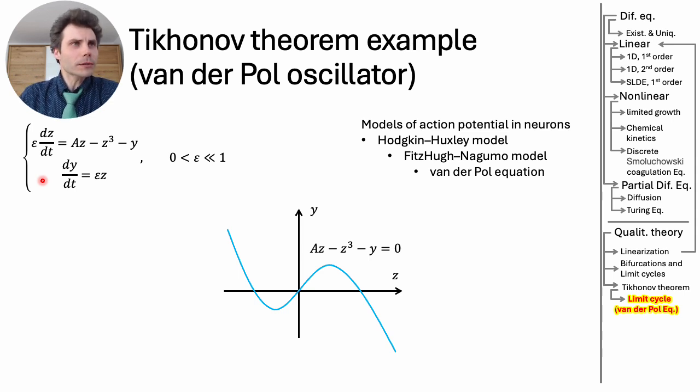So, okay, let's start analyzing this equation. We first assume, based on the way Tikhonov's theorem is structured, that z is going to be the fast variable. If so, then we can write down this equation.